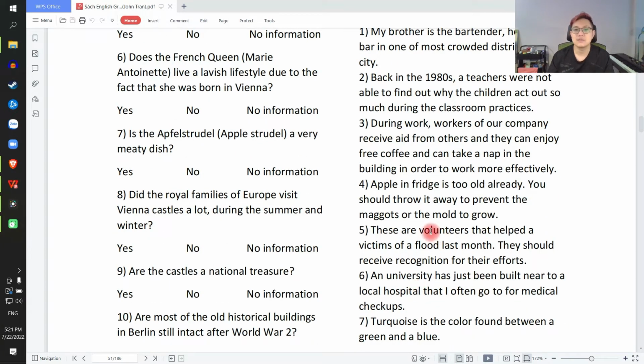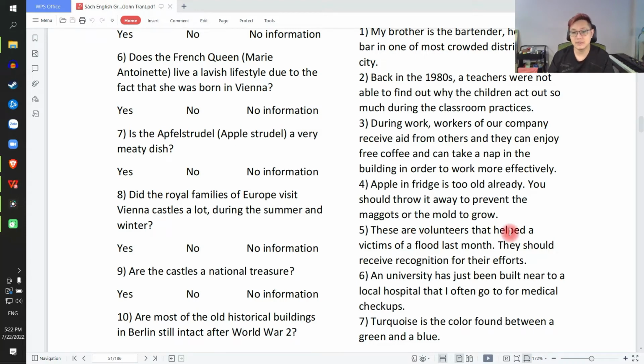These are the volunteers that helped helps victim of a flood last month. So basically, you want to talk specifically about which volunteers. So you have to put the before that. Chúng ta đang nói cụ thể về những cái volunteers nào, những người tình nguyện nào.